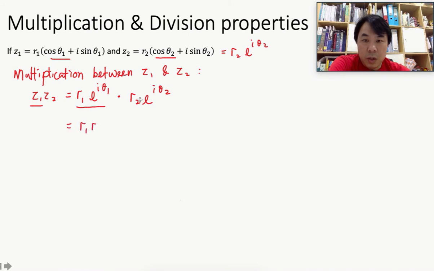In this case, we will get R1R2, as the magnitudes can be separately multiplied. And then e, because it's a common base, we can combine the exponents. Finally, if you want to convert back to its modulus argument form, that will be quite easy to accomplish, which is exactly the same as this.